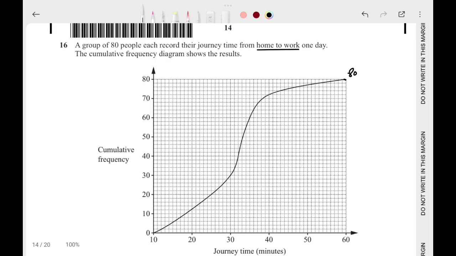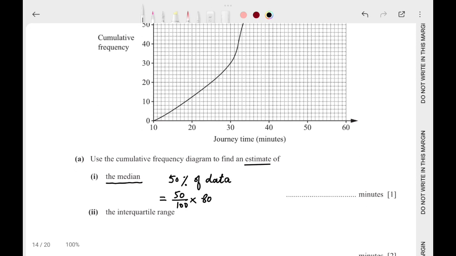You have to see your curve as well. Both things are very important. Now after simplifying, it is 40.